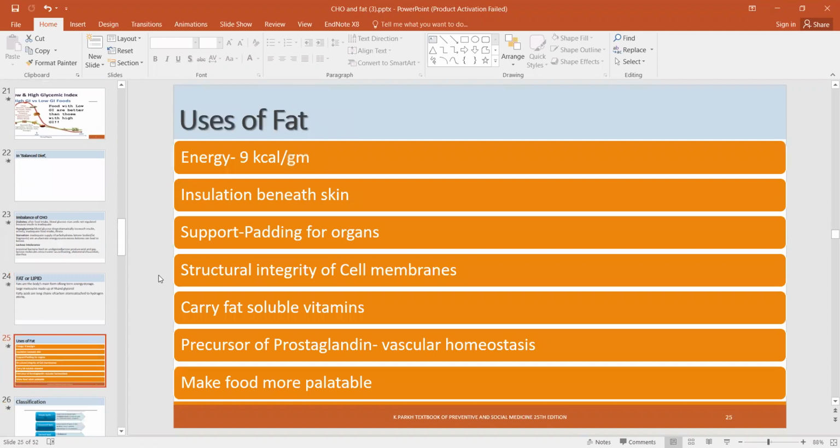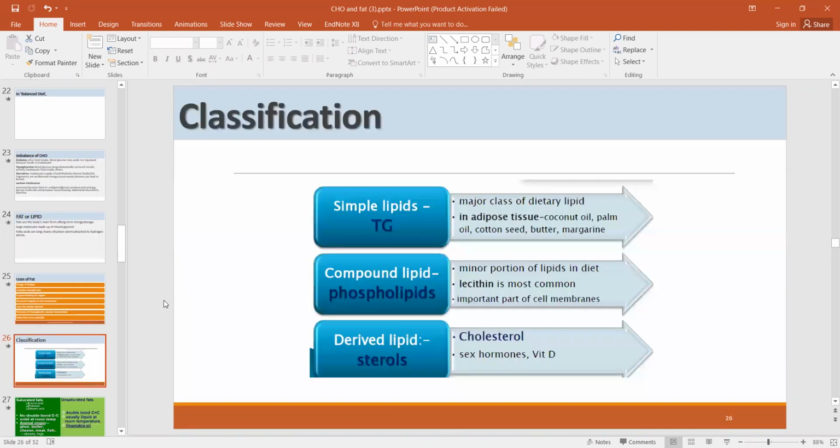Uses of fat: the energy obtained from fat is 9 kilocalories per gram, insulation beneath the skin, support padding for organs, structural integrity of cell membranes, carrying fat soluble vitamins, precursor of prostaglandins and vascular homeostasis, and making food more palatable. And this is the classification of fats.